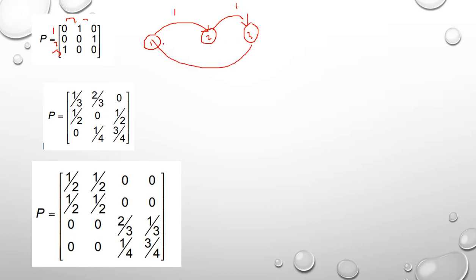Now we can write the GCD of each class. If you write the GCD for class 1, how many steps does it take? 1, 2, 3. So 3.